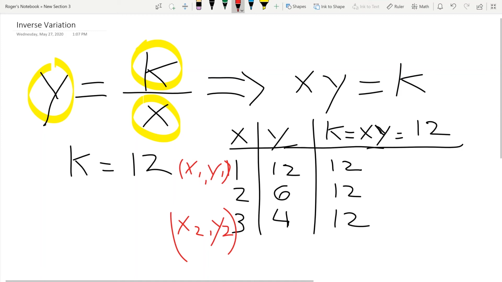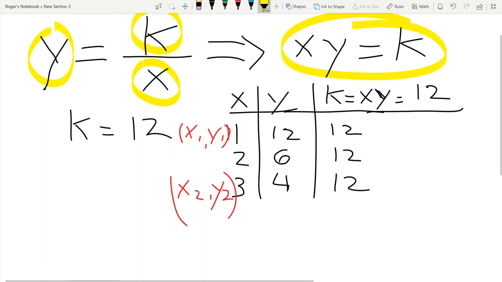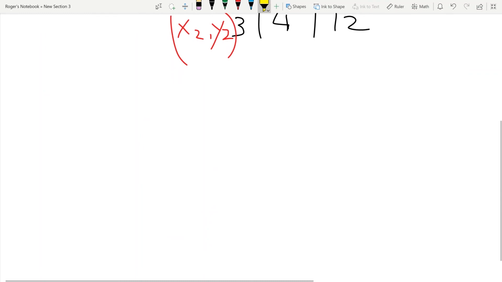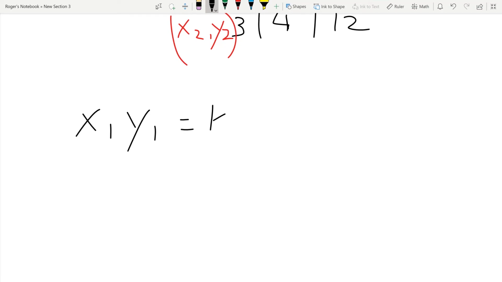Since x and y is always equal to the same k, I can say that x1 times y1 is equal to k, but k is also equal to x2 times y2.